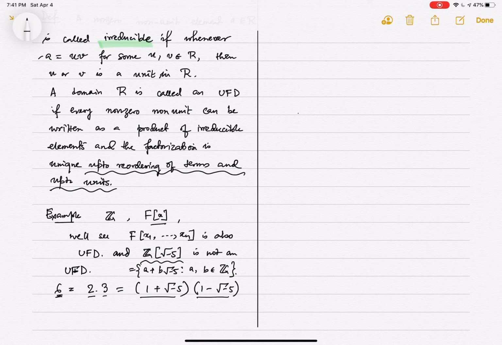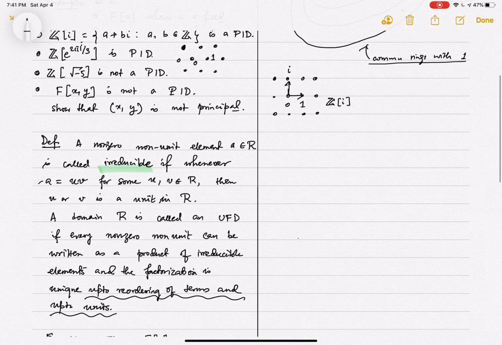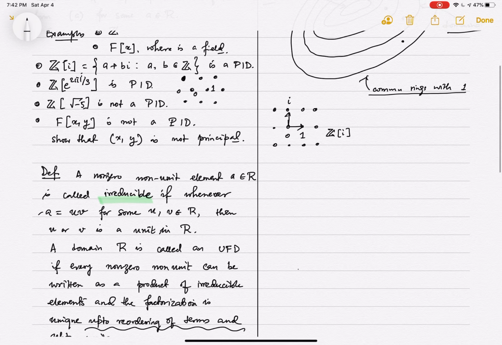Okay, so the first thing I want to prove, and we'll do it in the next video, is this lemma: in a commutative domain, so we have these two notions now, a prime element and an irreducible element.